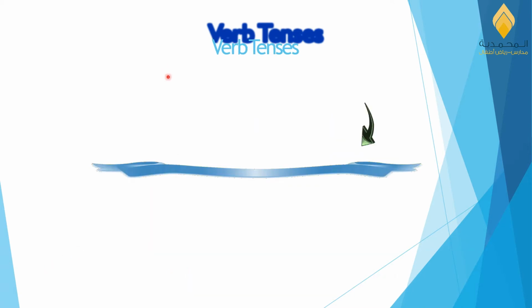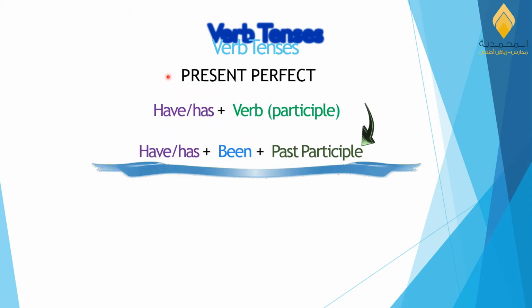Another tense that we are going to deal with is the present perfect tense. How do we build a present perfect tense? We use a subject plus have or has plus the verb in the past participle form, which is verb 3.